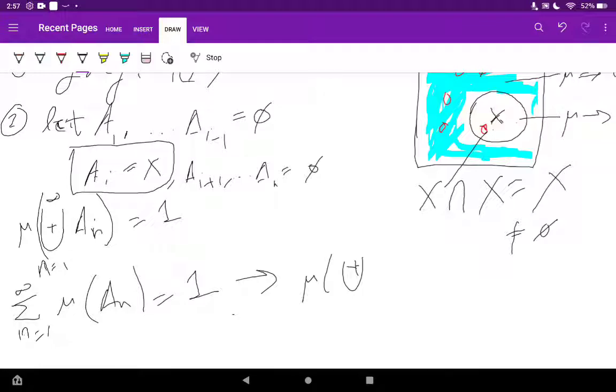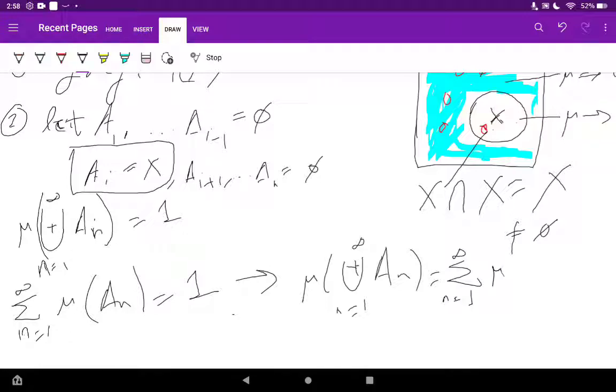Again the same logic as the previous union example: you cannot have a value different from one when you add up all of the sets inside the sigma algebra, because there's just one and zero, zero, an infinite amount of zeros added to one is one.